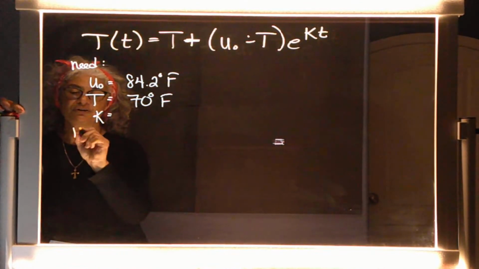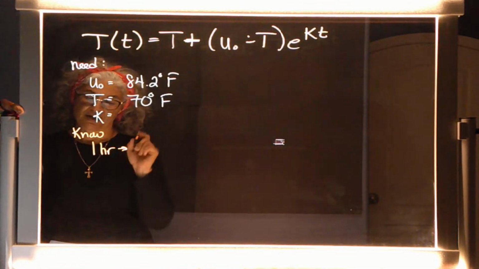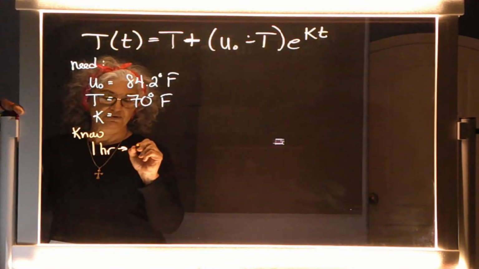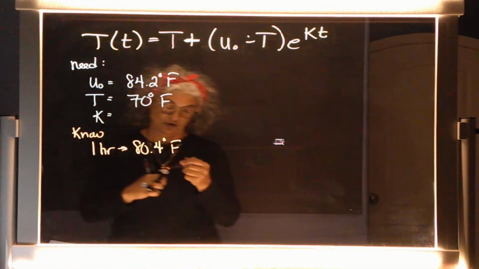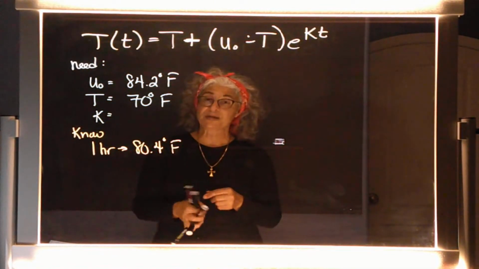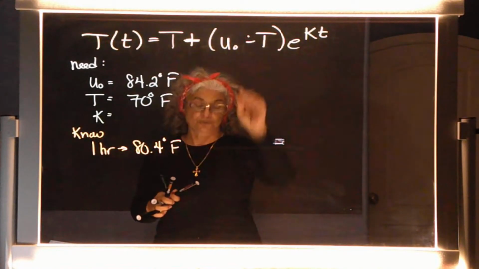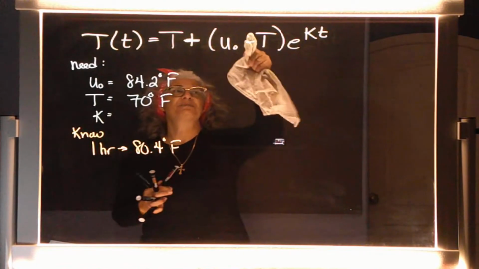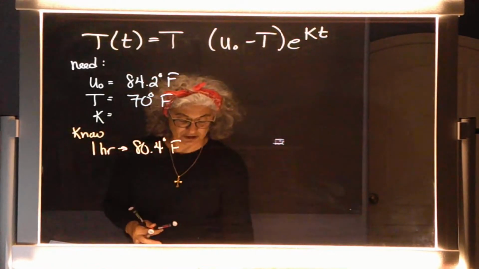But we do know that after 1 hour, the temperature was 80.4 degrees Fahrenheit. Which means we can start filling in this formula in order to find the k. And let me make this plus sign a little more obvious for us.